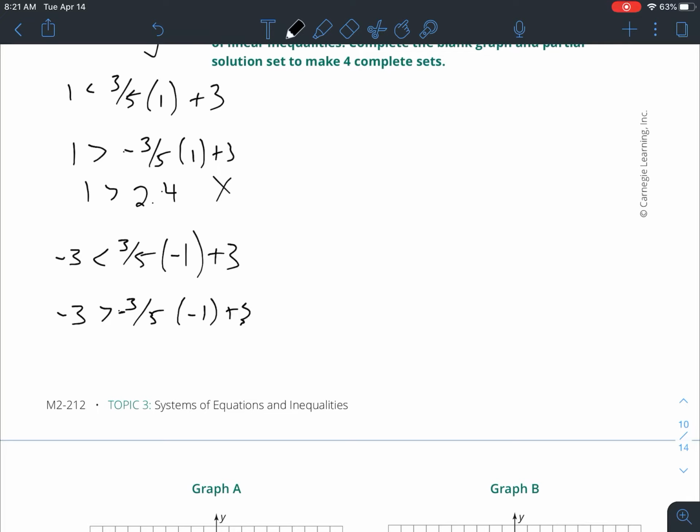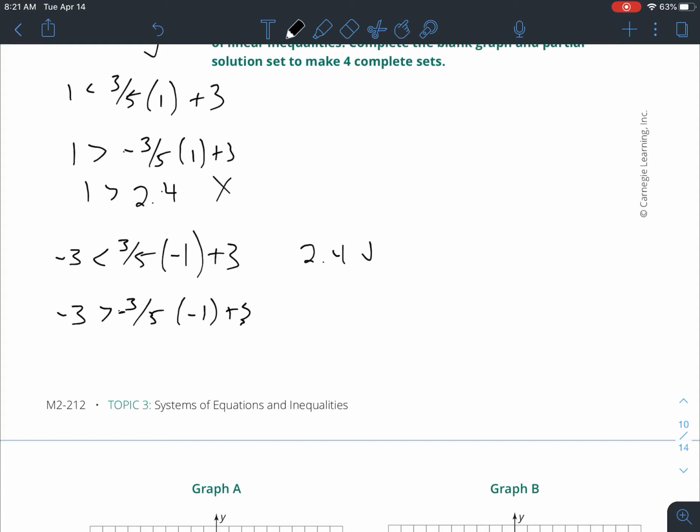Once again, we're going to type these in our calculator. 3/5 times -1 plus 3 ends up giving us 2.4. So -3 is less than 2.4. That's true.